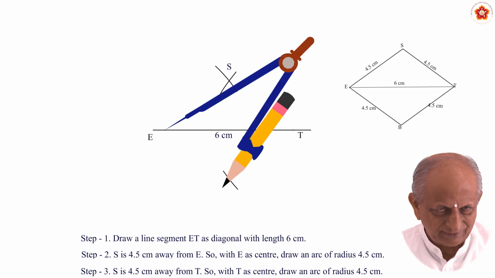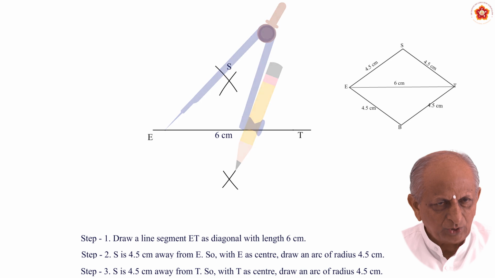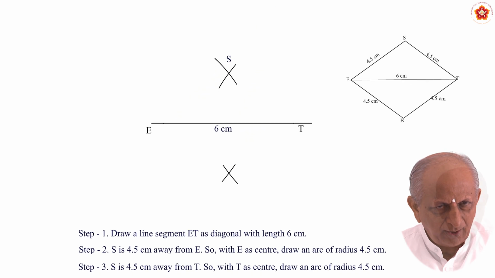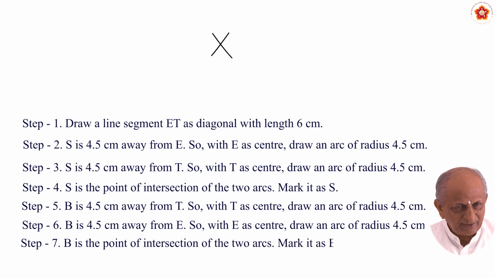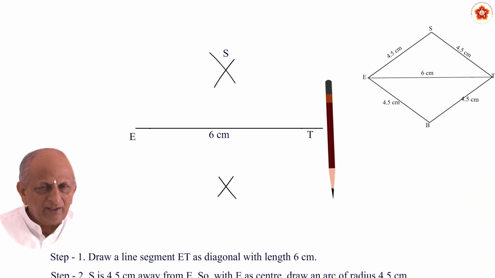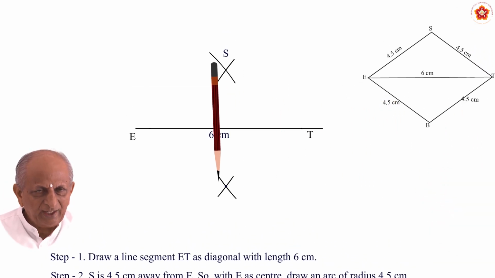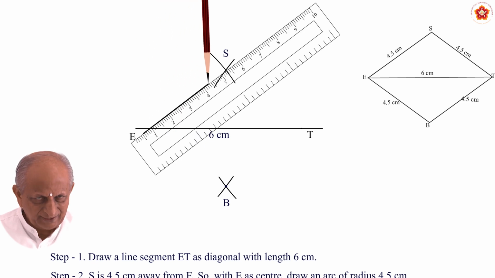So nice, so simple. Correct? So these two arcs meet at a point called B. We call it the point of intersection. The meaning of the word intersection? Intersection means cutting. Correct? So they meet at a point called B and now join these sides. So you get a beautiful rhombus.